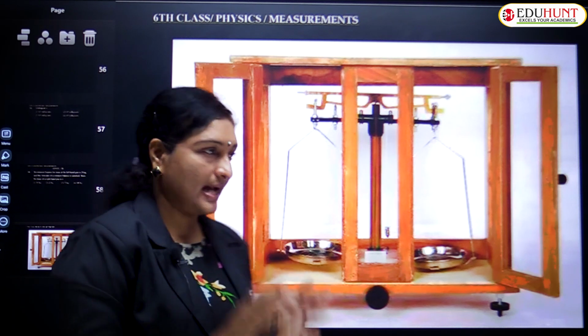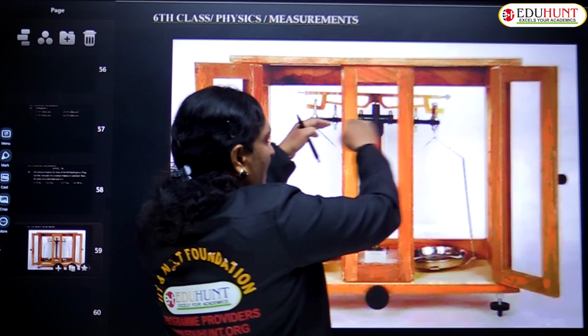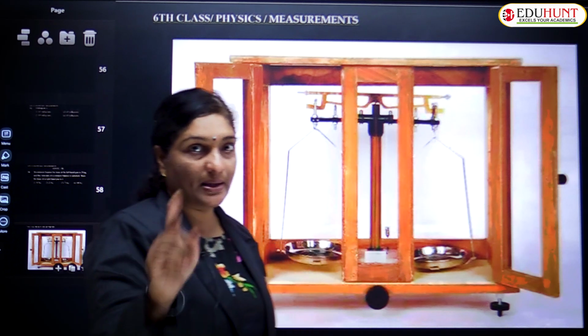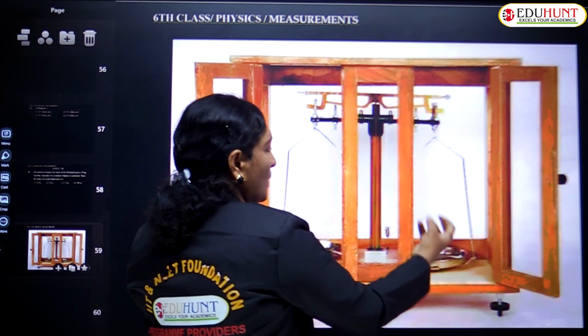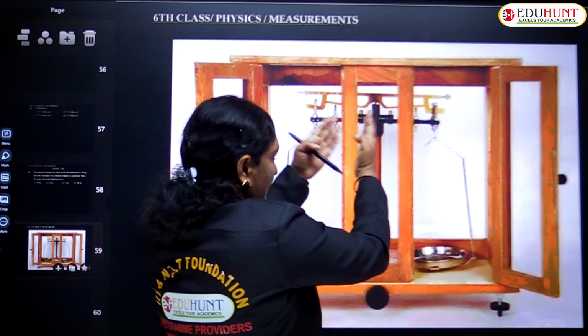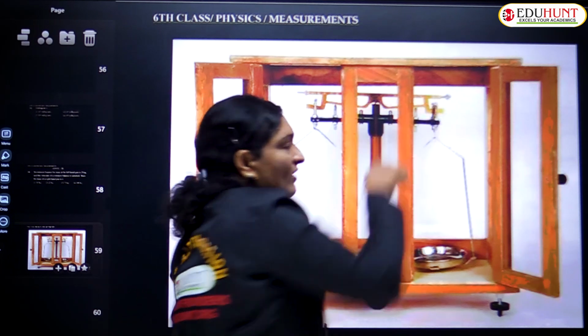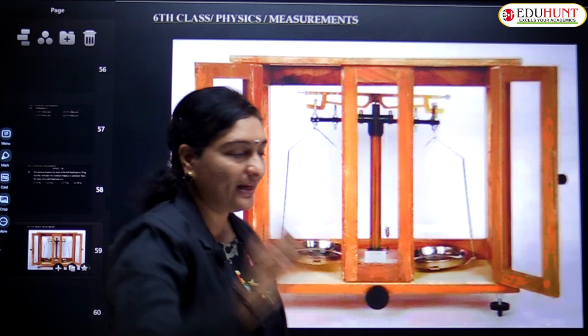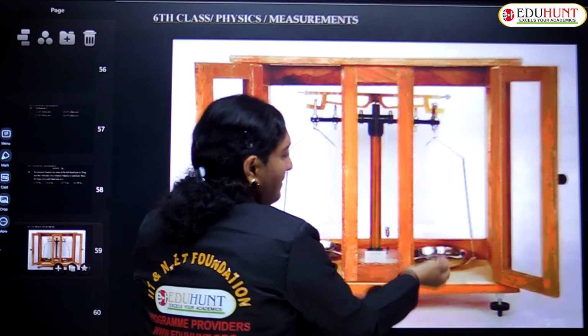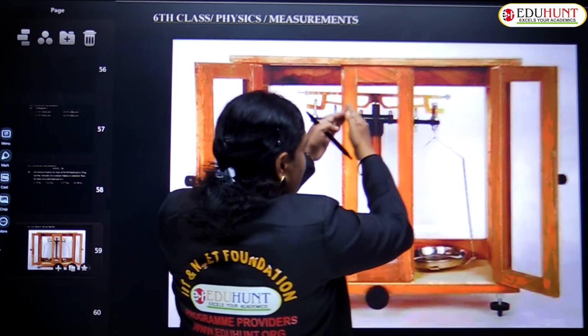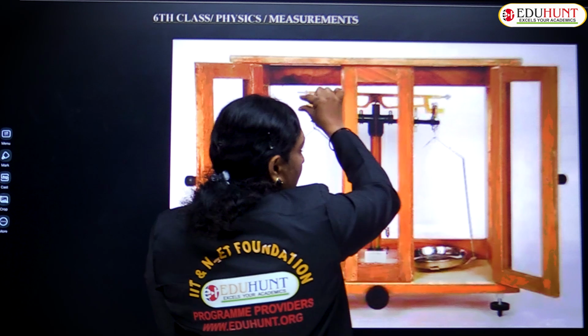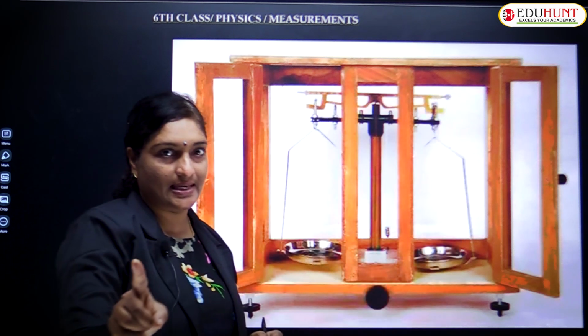During the balanced condition, this will be kept horizontal. Remember that. Whenever equal masses are suspended at equal distances, the beam remains horizontal.